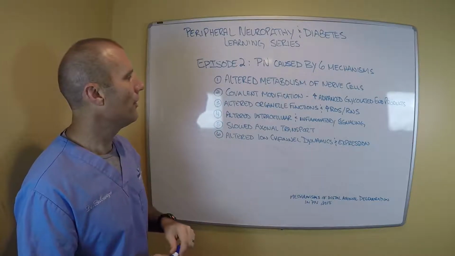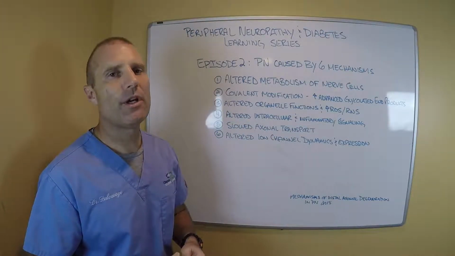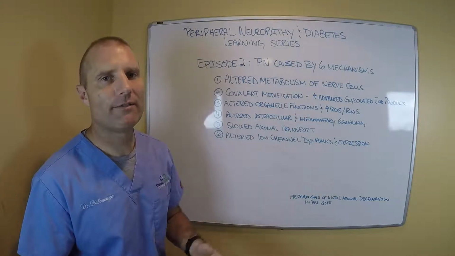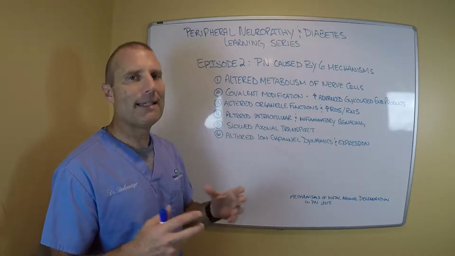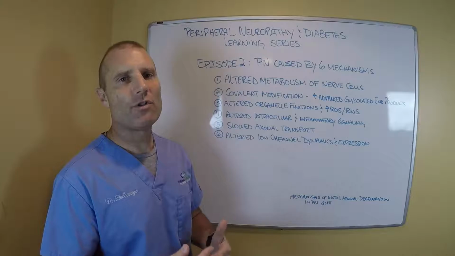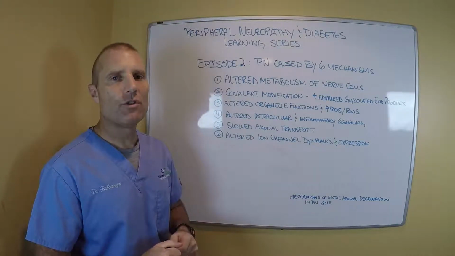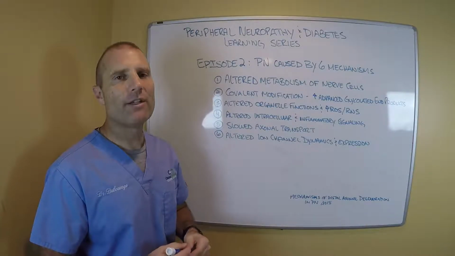We can have the third issue, which is altered organelle function and the increased production of reactive oxygen and reactive nitrogen species. Essentially, organelles, the little pieces inside your nerve cells, become dysregulated or dysfunctional. When they become dysfunctional, they start to produce these things called reactive oxygen and reactive nitrogen species.